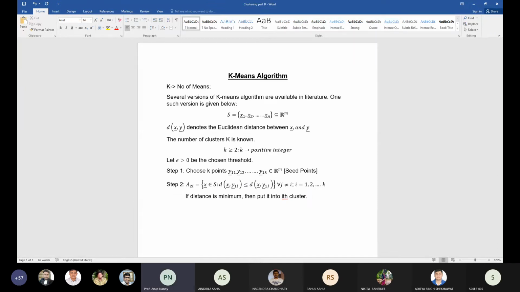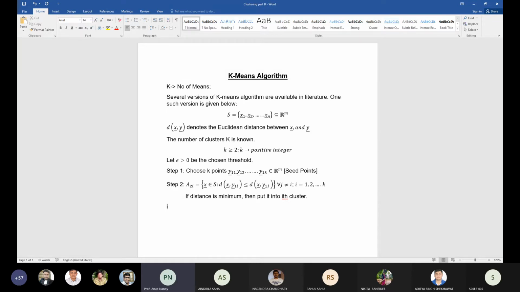Now you are going to take the points with the seed points, x and y1i. It is just a mathematical notation. You need to just find the Euclidean distance, and see which Euclidean distance is minimum among the points under consideration. If the distance is minimum, then you put it into the ith cluster.